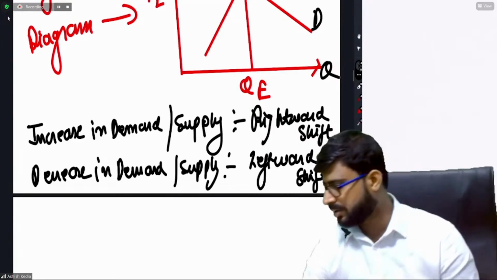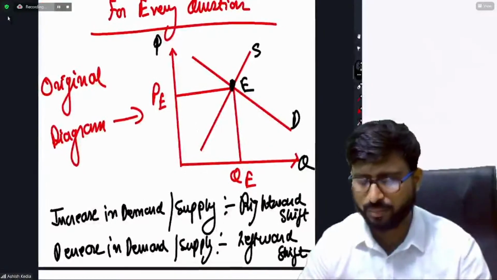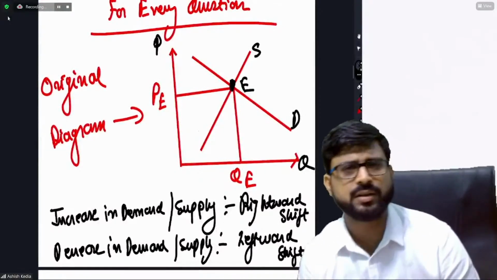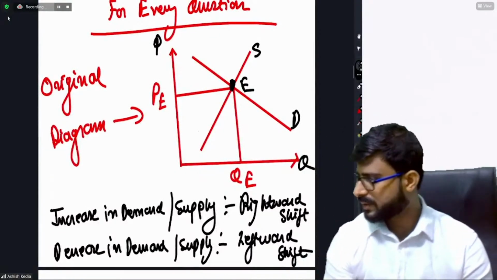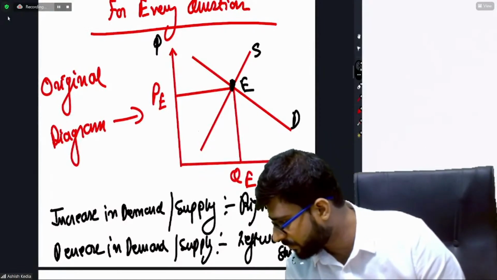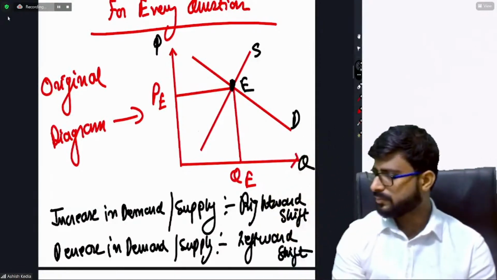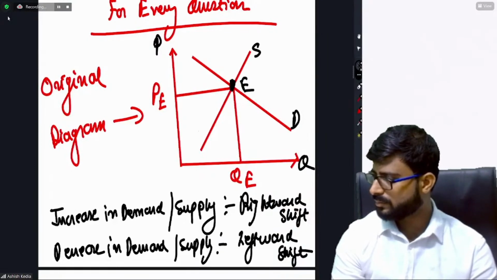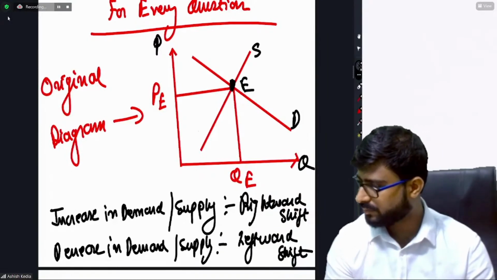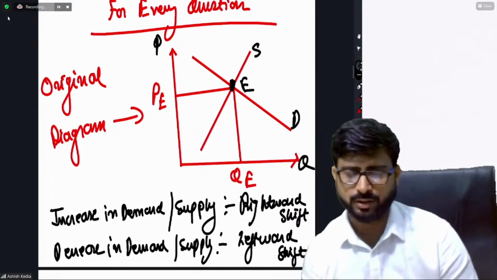Yes, sir, you had taught us. Bas, this is the main funda. This is the main funda, everyone. I hope everybody is clear with this much. Yes, got it.